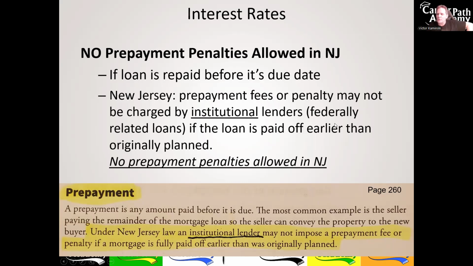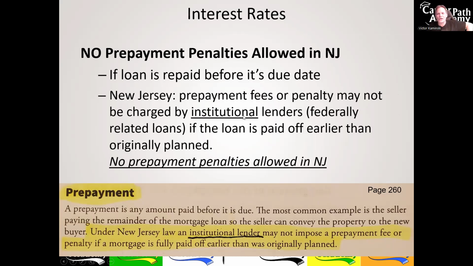Yeah. And look, we're studying that no prepayment penalties are allowed in New Jersey, and that's the correct answer that you need to know for exams. However, in real life, there are some loans that can charge prepayment penalties. Those are private loans, the commercial ones, the ones that are not institutional lenders.